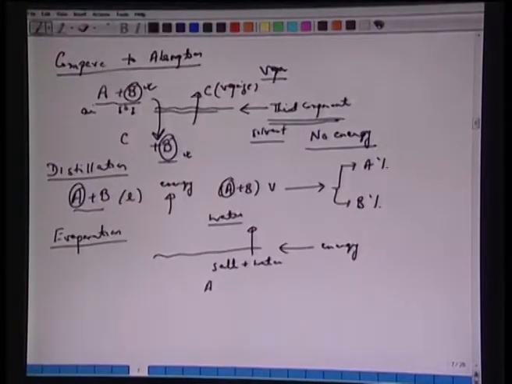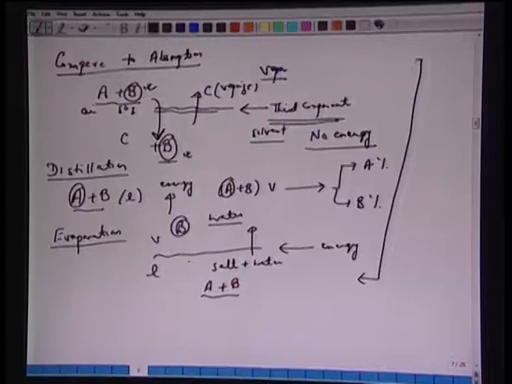So, we have A plus B, but only B gets transferred from the liquid phase to the vapor phase. So, you should be able to see a qualitative difference between absorption, distillation, and evaporation as different unit operations to achieve this purity. In all three cases, we have separations. We want to separate A from B, but the method is different.